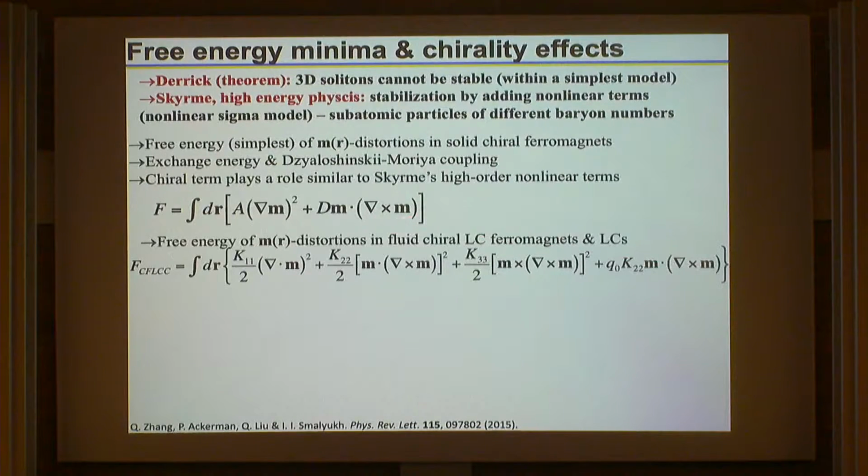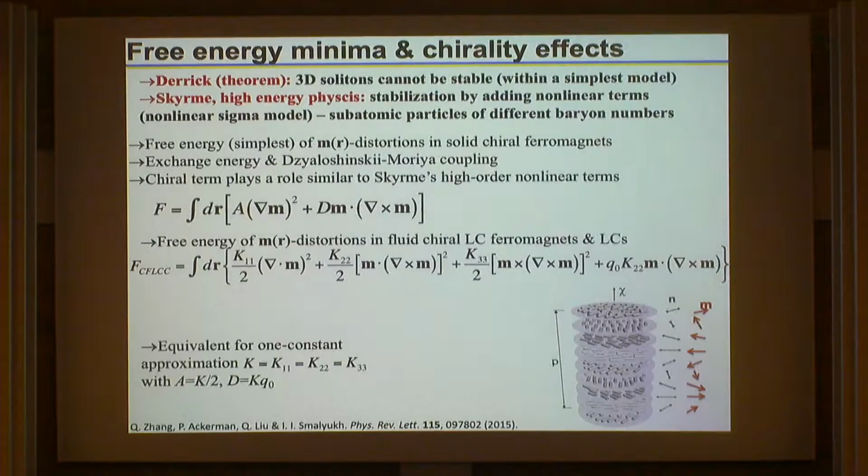And so for solid state ferromagnets, we just have the exchange energy term and the Dzyaloshinskii-Moriya term, the chiral term in here. When we have liquid crystals, here again we can add chiral additives and have a chiral term as well that will make the system prefer to form twisted field configurations.